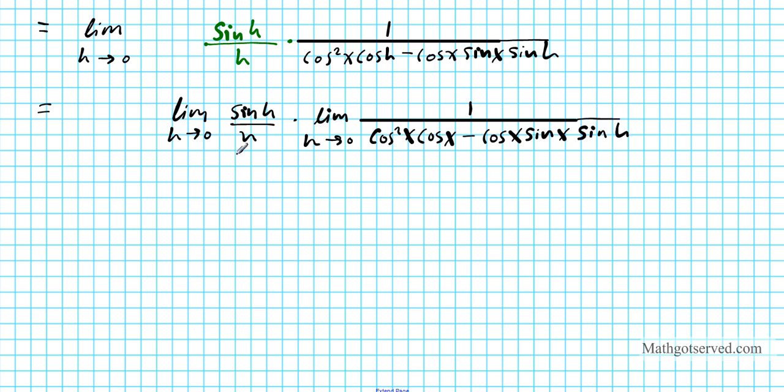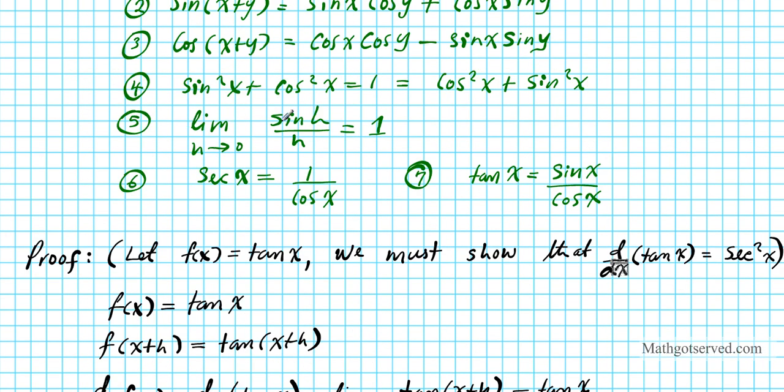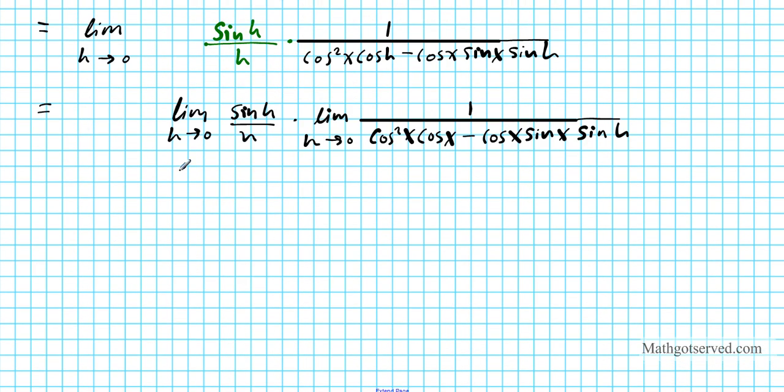Okay. All right. So on the left side, we're going to use this limit law we talked about, formula number 5. The standard limit of sine theta over theta is 1. So we're going to apply that here. So it's going to become the limit of sine h over h is 1 times.